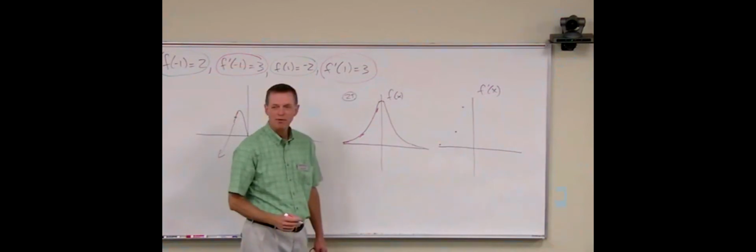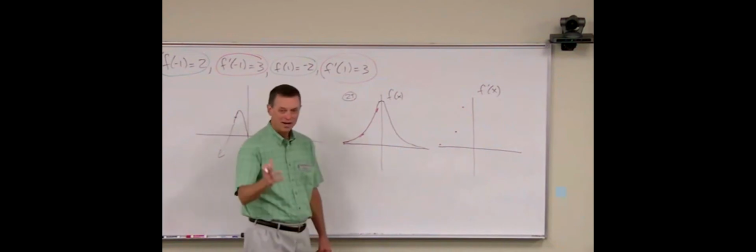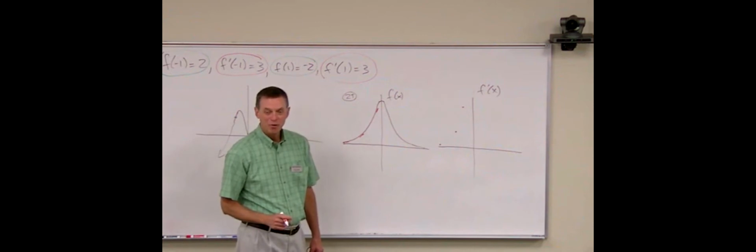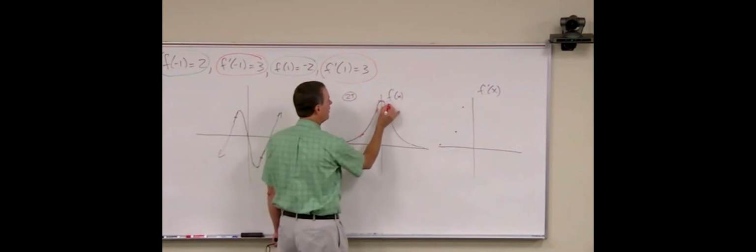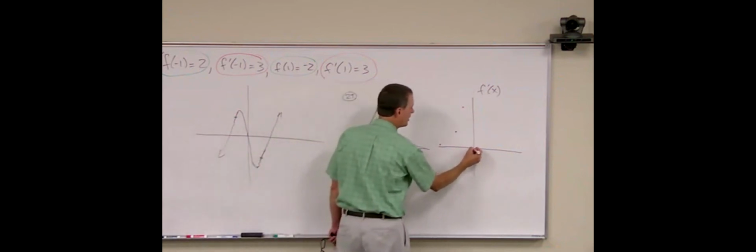But then what do you observe happens? It gets smaller. Before it goes negative, it goes to 0. Right here, I have a horizontal tangent line. That means I've got to plot a point like that.